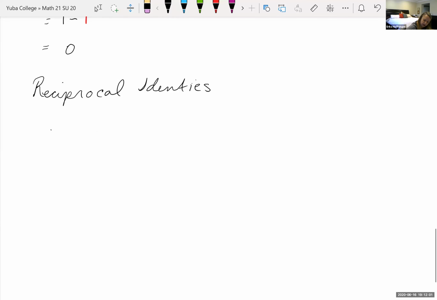Let's write it this way. Cosecant theta. Let me write it out first, and then we'll do the shorthand: C-O-S-E-C-A-N-T. So CSC of theta is the same thing as 1 over sine of theta.